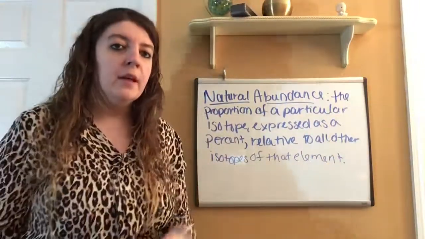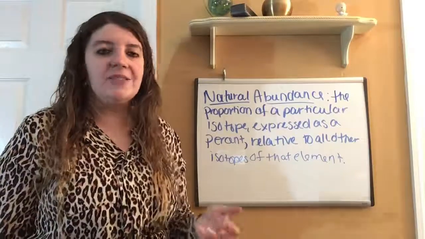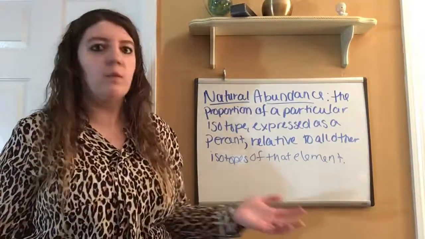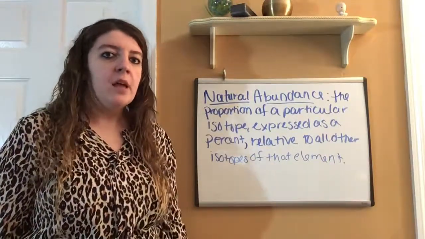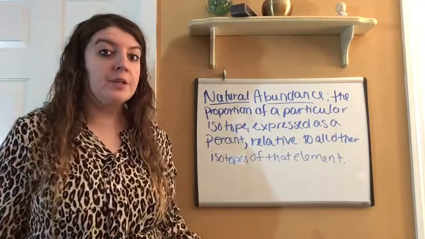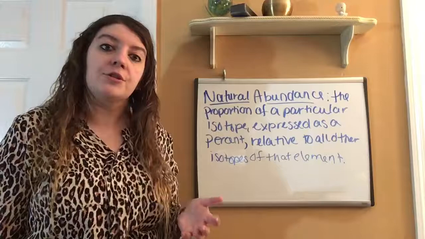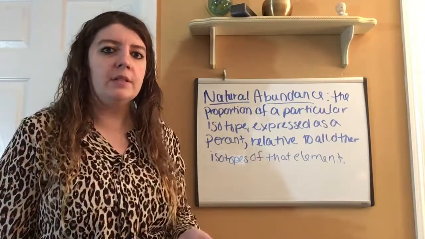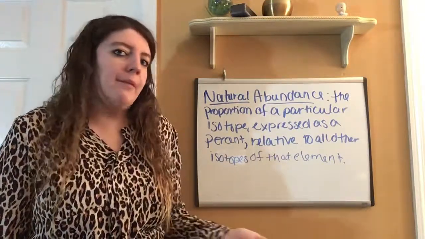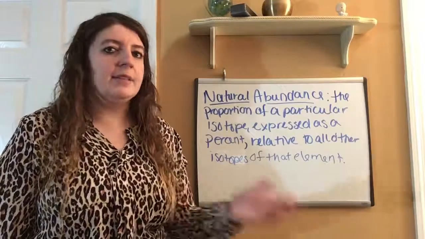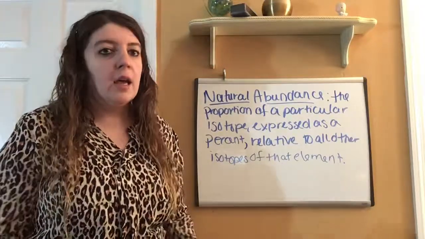Okay? So essentially it's just a percentage of what is found in the environment. All of the isotopes that we're going to talk about when we determine the average atomic mass are going to be naturally occurring isotopes. We won't be having to deal with any man-made isotopes. I won't have you do that. It does exist, I'm not going to say that it doesn't. However, that's not something you need to be concerned with.